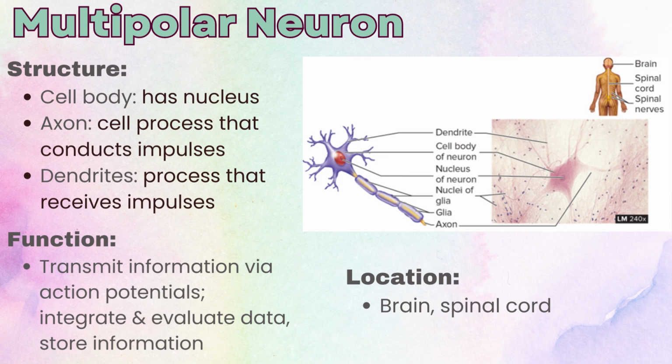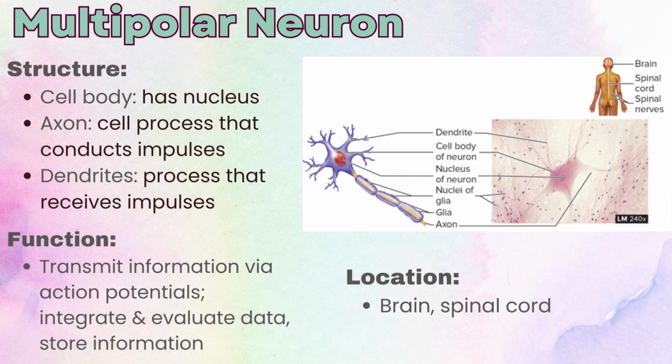When we talk about the structure of a neuron, we typically look at what is called a multipolar neuron. And that's what's shown in this picture here. It has a cell body, which has the nucleus in it. We also could call the cell body the soma.